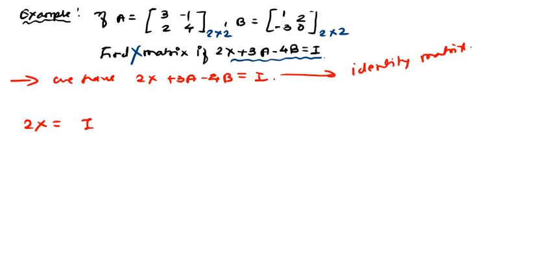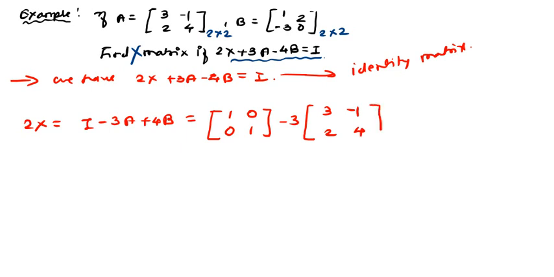So this will be I minus 3A plus 4B, where I will obviously be the identity matrix of order 2 by 2. So this will be [1 0; 0 1] minus 3 times A, which is [3 2; -1 4], plus 4 times B, which is [1 -3; 2 0].